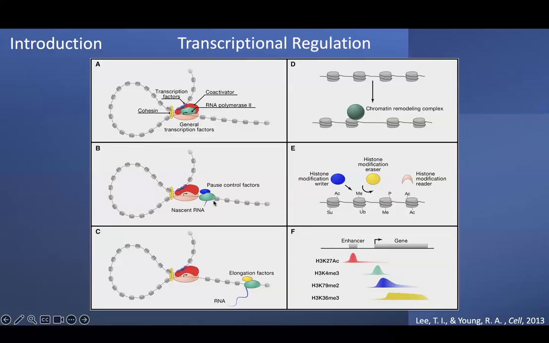Polymerase II initiates transcription but soon pauses downstream. Elongation can start after the elongation factors release the pause, enabling transcription elongation. Also, chromatin remodeling factors open the nucleosome, while histone writers, erasers and readers regulate activity through modification of the histone proteins.